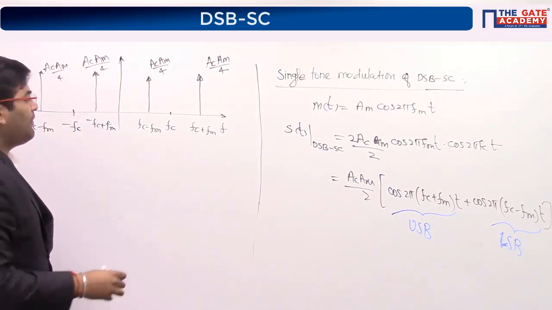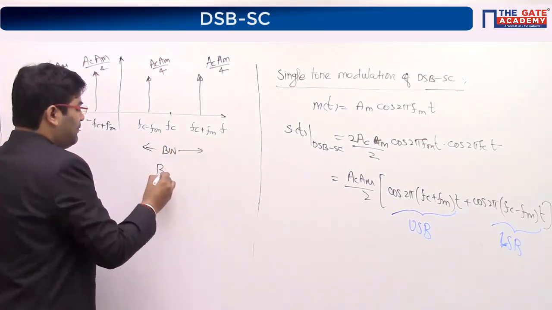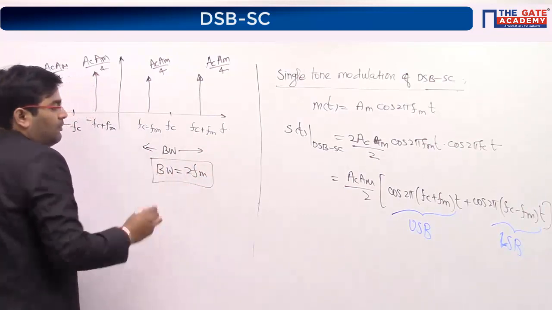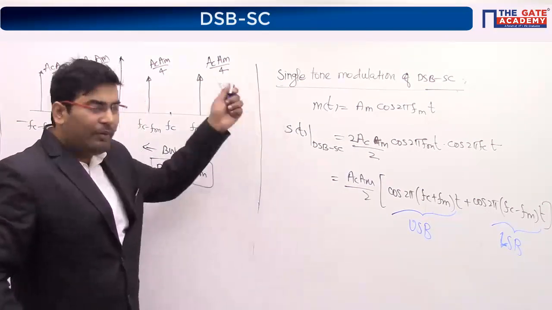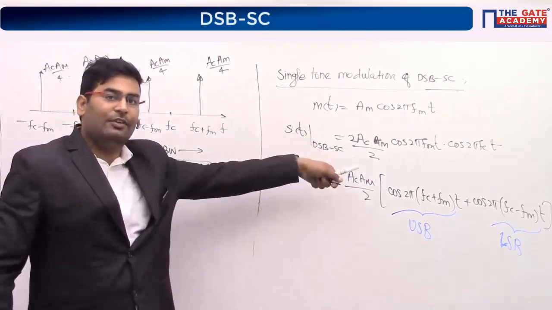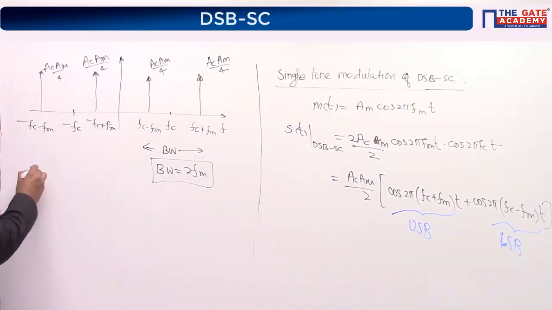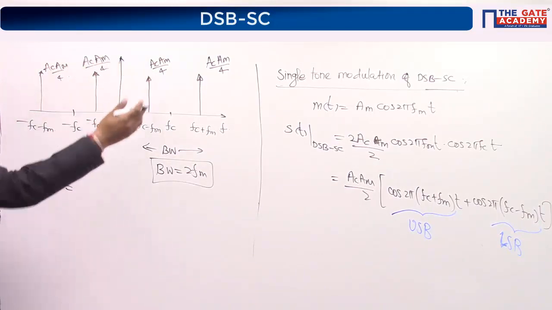Bandwidth, easy. How much is that, guys? It is twice fm. So bandwidth is twice fm, again the same, twice the highest message frequency. If it is multi-tone, you will have many impulses, but you take the highest frequency and double it. What is the power? How can you find it? I told you, you can square each and add them.